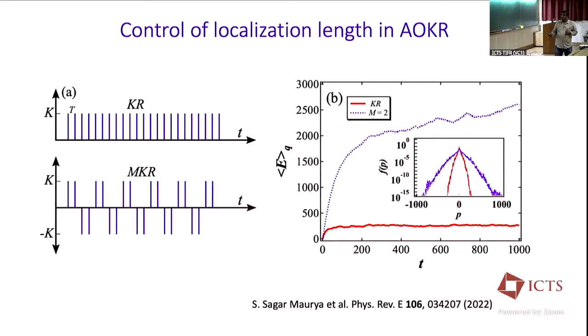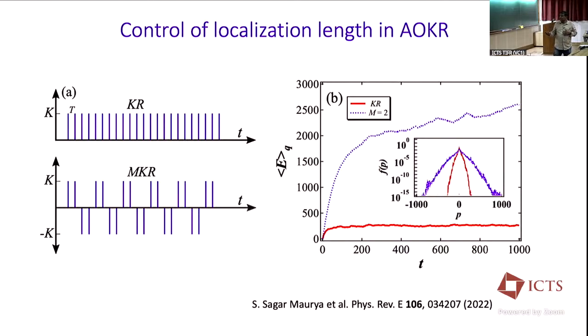In our case, what we did was, after a certain number of kicks, you skip some kicks. Theoretically, to take that into account, it's like introducing kicks with a negative value, which essentially means you give a certain number of kicks and then skip a certain number of kicks. During that free evolution, these wave functions in momentum space pick up phases which are multiples of 2 pi, and then you end up with the same state, and you play with the interference of these wave packets by playing with the phase evolution time that you get.